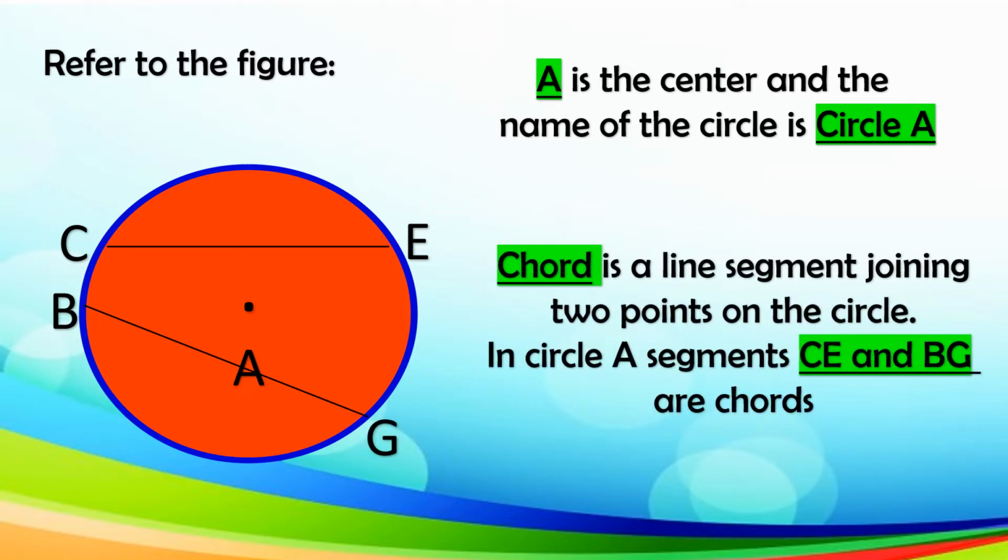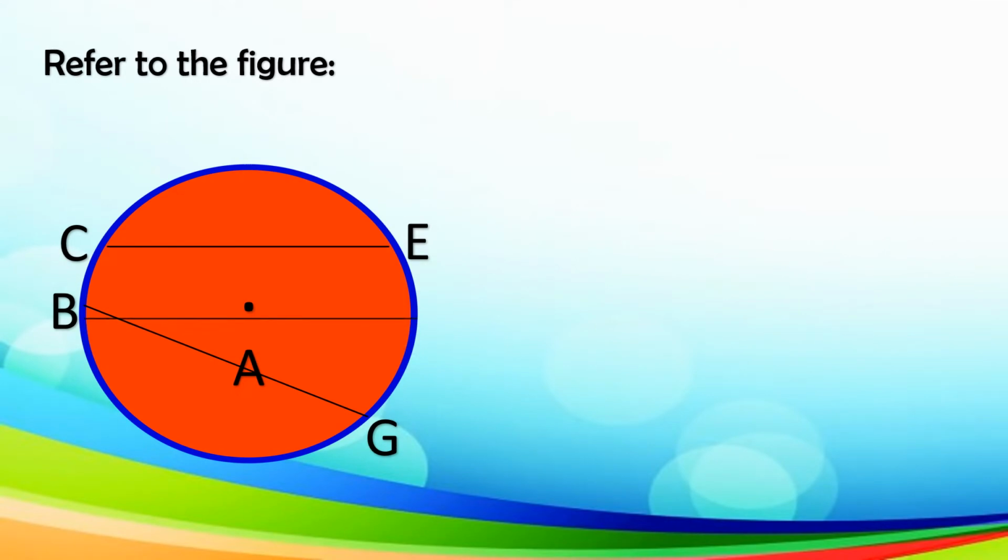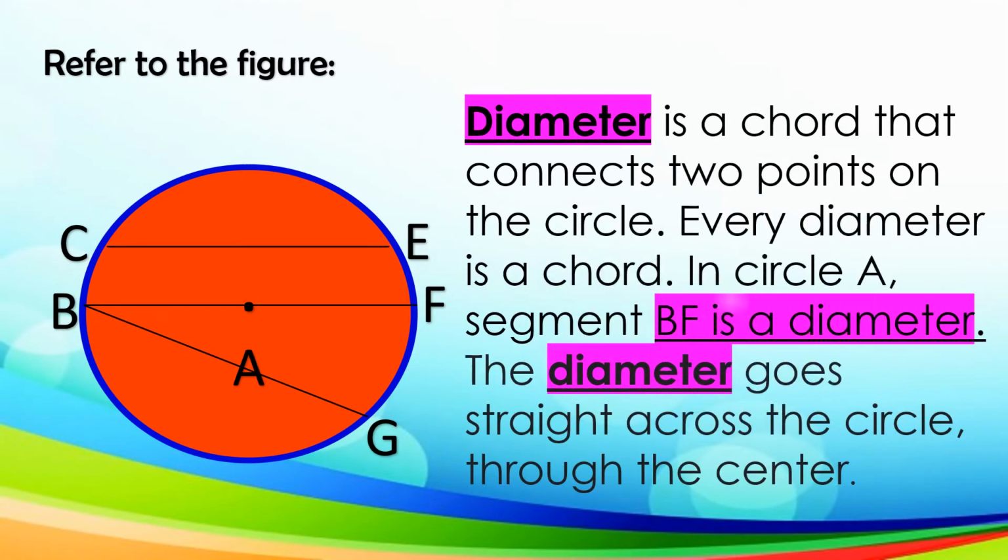We have chord, a line segment joining 2 points on the circle. In circle A, segments CE and BG are chords. Let us now discuss diameter.